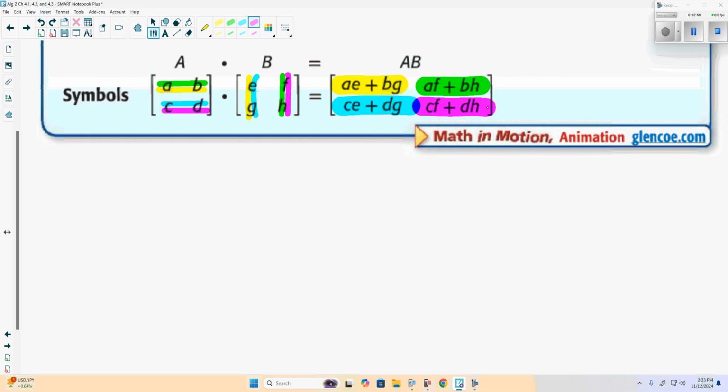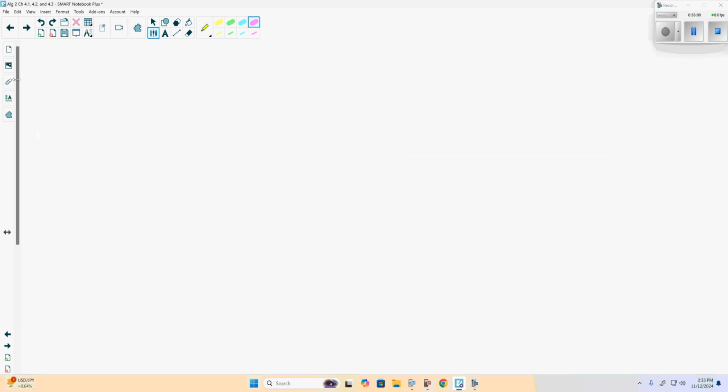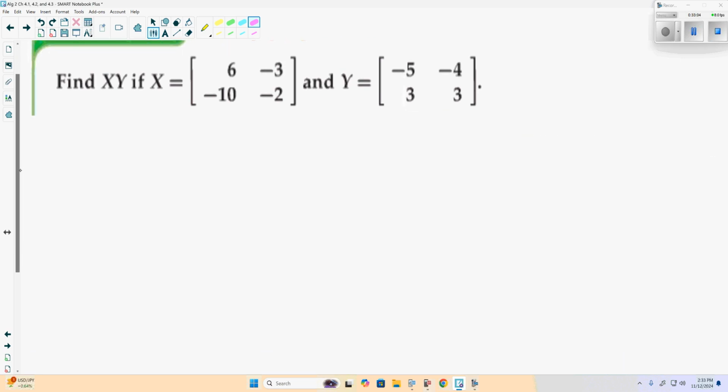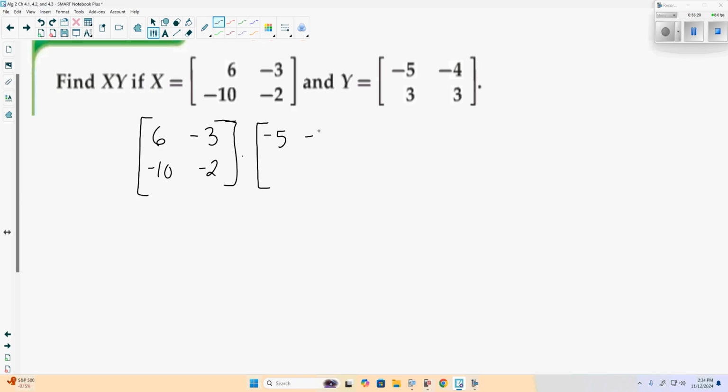Now let's look at an actual example because this kind of does make sense. It sometimes does help if we can put some actual numbers to it. So we're going to do 6, negative 3, negative 10, negative 2, times negative 5, negative 4, 3, 3.